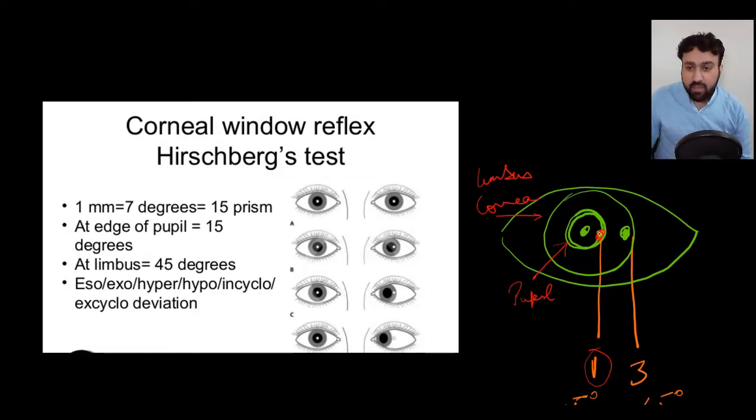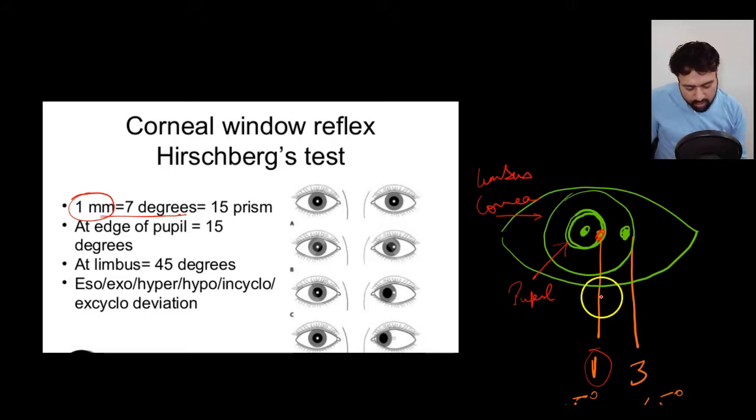Basically 1 mm is equal to 7 degrees of tropia, and every 1 degree is equal to 2 prism diopters. So 1 mm displacement of the corneal reflex represents a 7 degree displacement of the eyes and a 15 prism diopter displacement from the normal position.